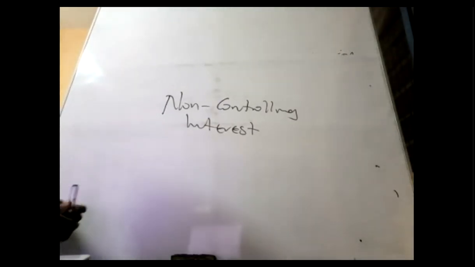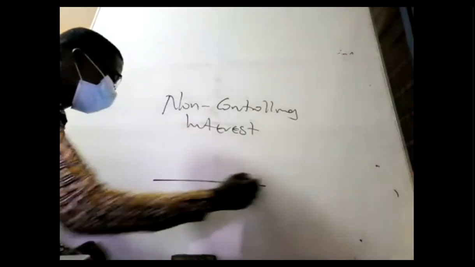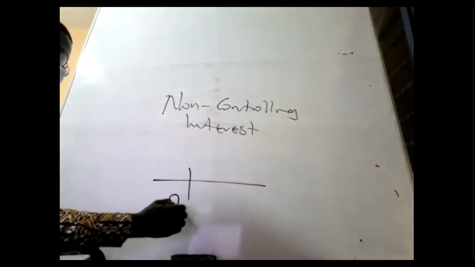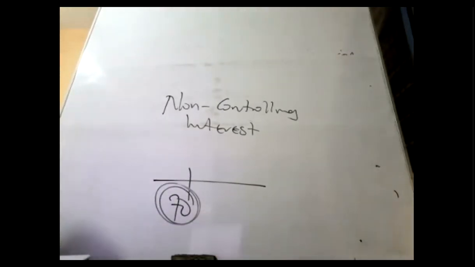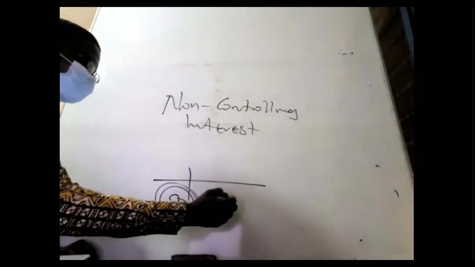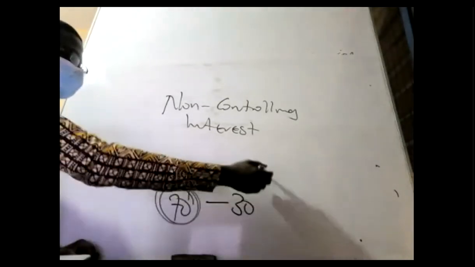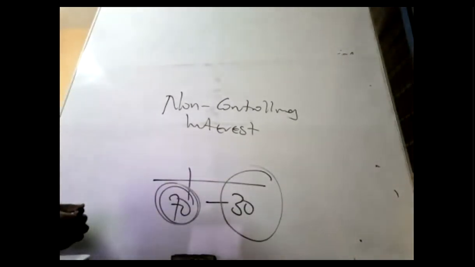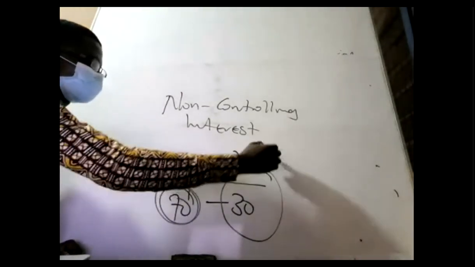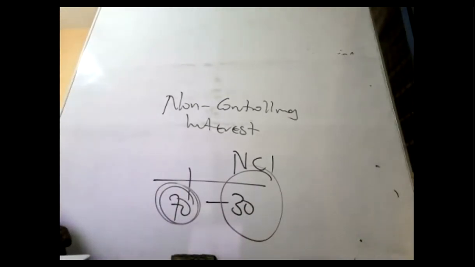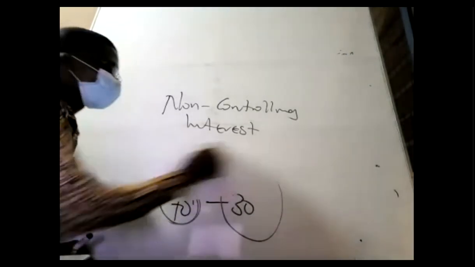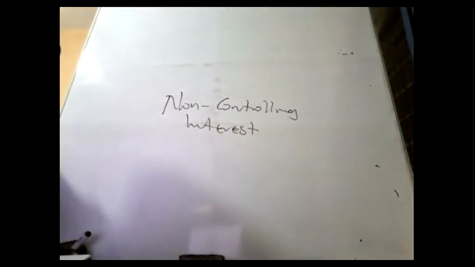For instance, let's assume that you own 70% of an entity. So you are controlling 70% of the entity's net assets. All the other people, combining them together, own 30%. So you call them NCI, non-controlling interest. They do have interest, but it does not amount to control. That is all.